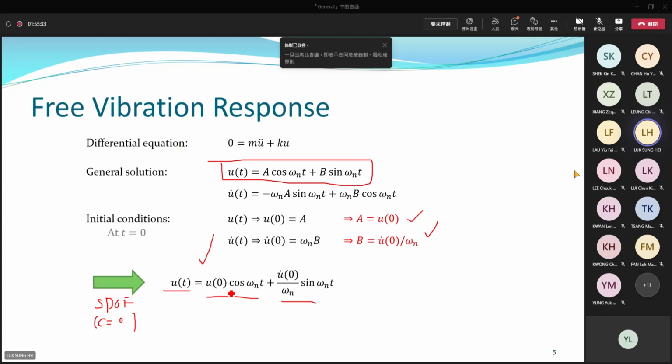You just put t equal to your target time: 1 second, 2 seconds, 3 seconds. You may also plot the displacement function using plotting software like Excel or MATLAB to see how it oscillates with respect to time. But there is one term I did not mention, omega n. Omega n is one very important property. We call that the natural frequency.